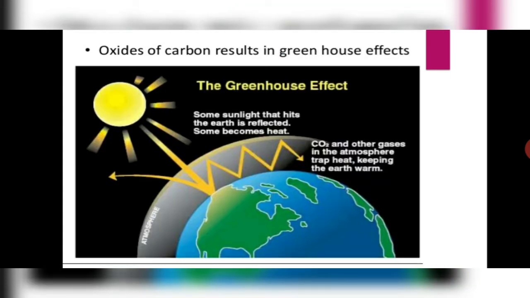The oxides of carbon result in greenhouse effect. Carbon monoxide on one hand, if inhaled, is toxic for us. Carbon dioxide on the other hand, in a limited amount, is a useful gas. But in abundance, carbon dioxide causes extreme greenhouse effect, that is trapping more amount of sunlight and hence causing heating of the earth, which will eventually lead to global warming.